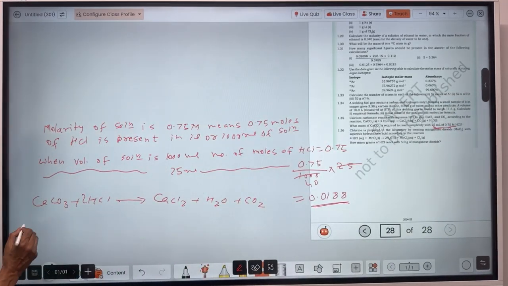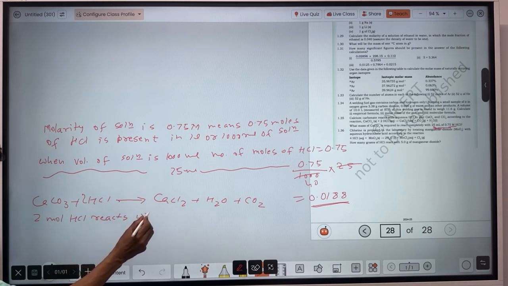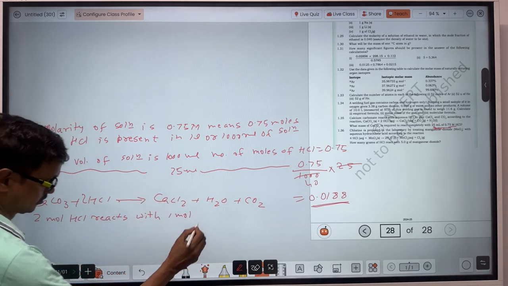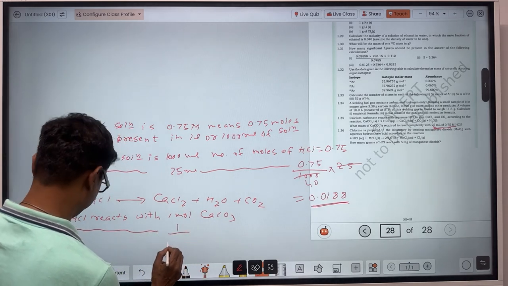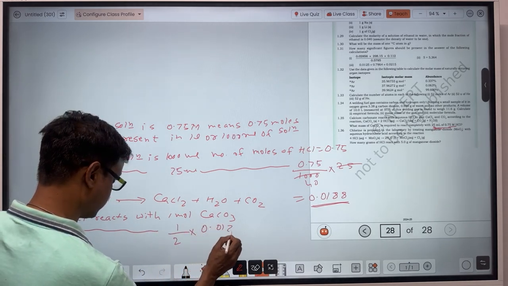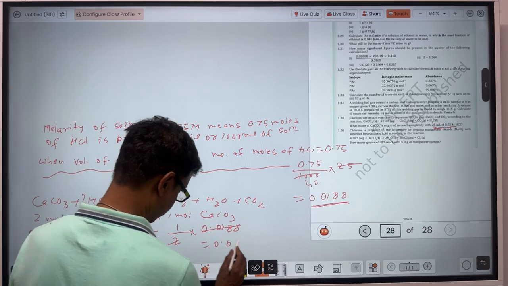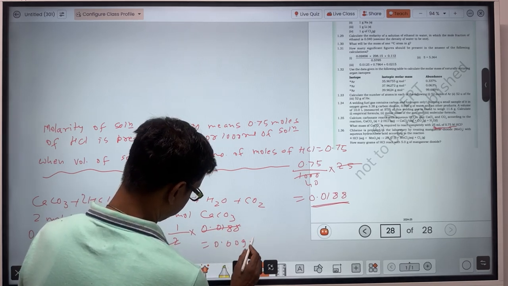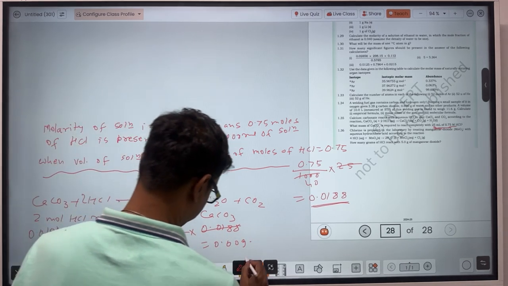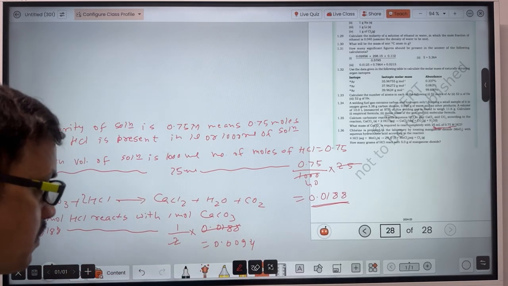So that much number of moles of CaCO3 will be there.